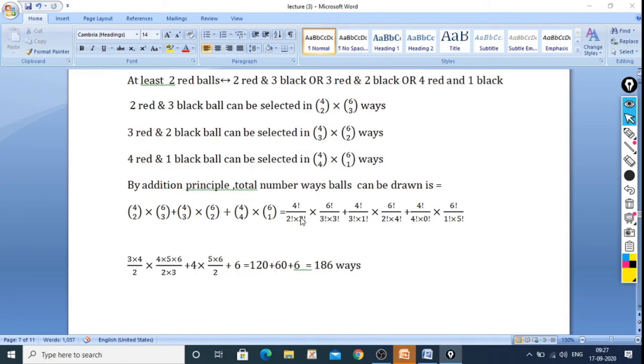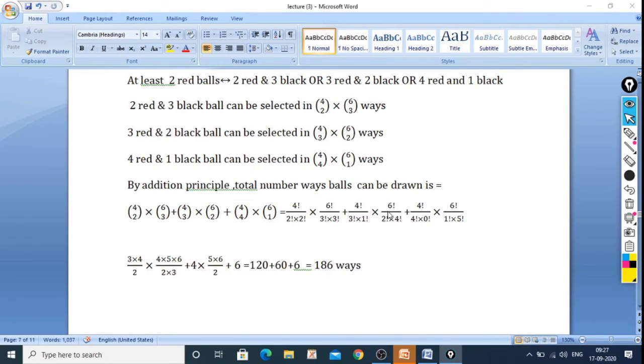Now simplify it. Up to 2 factorial it will get cancelled, so remaining is 3 into 4 divided by 2. Here up to 6, that means up to 3 it will get cancelled, so remaining is 4 into 5 into 6 divided by this 3 factorial, means 2 into 3, plus this 3 factorial and 4 factorial. So up to 3 factorial it will get cancelled, so remaining is 4 into this 6 factorial.